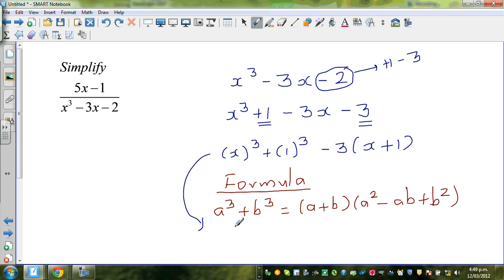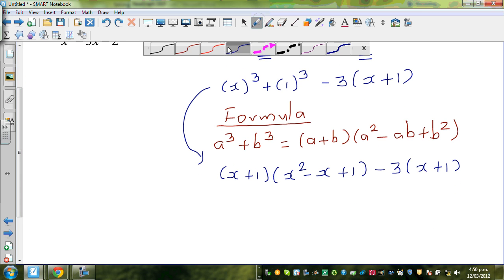The next step here is x plus 1 for a plus b. For a squared, I can write x squared, and for minus ab, x times 1 is minus x, plus b squared is 1, minus 3 times (x plus 1). Okay, so now what is common?